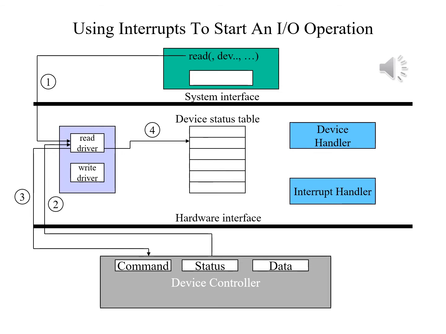In step 3, the driver writes the input command into the device controller's command register. Before terminating, the driver's top half saves the relevant information about the operation in the device's status table, indicating the return address of the original call and any special parameters that the I/O operation might have.